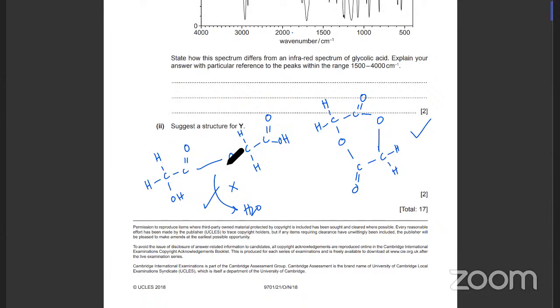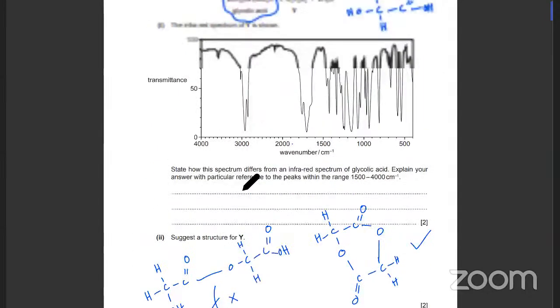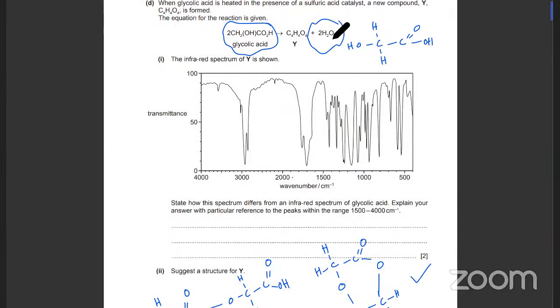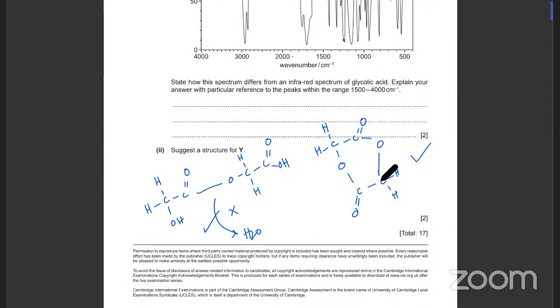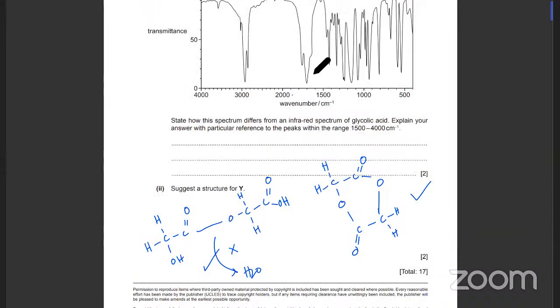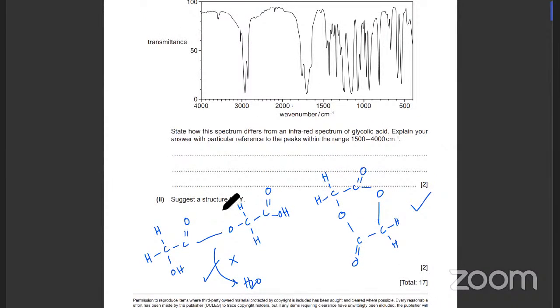So one way to eliminate this one is this way. They were saying two water molecules getting produced, but over here we're getting only one. Over here, you've got two water molecules getting produced. You've got an ester over here, and you've got an ester between these groups over here as well. So that is one way of figuring this out. The other way you could have eliminated is by looking at the infrared spectroscopy, because this one has an alcohol OH.